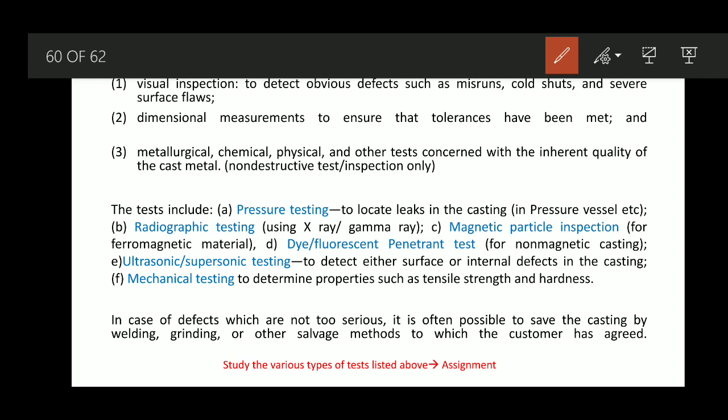Suppose you show that a very minimal defect is there, which can be nullified by small grinding. If the customer is okay with it, we can go for it and save the cost. Otherwise, if it is very faulty, then there is a problem.